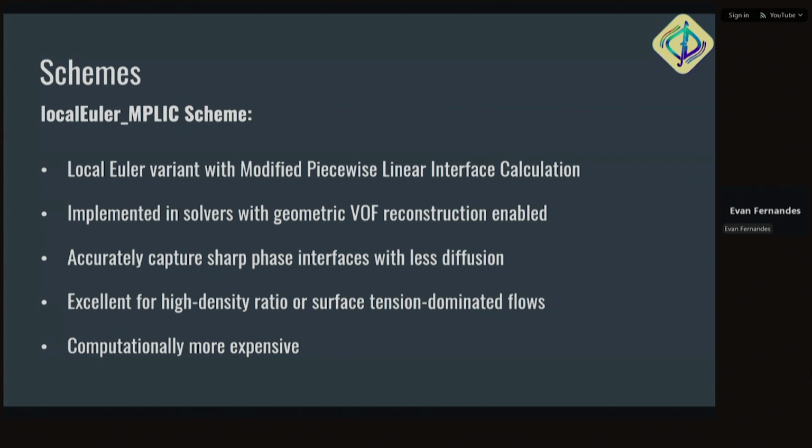Where your interface is, it will reconstruct that interface using this MPLIC geometric VOF reconstruction algorithm that is placed within this scheme itself. So this will accurately capture even small details that you have. So you will have a very refined interface. This is extremely good if you want an accurate solution and you want to do in-depth analysis of the interface itself.